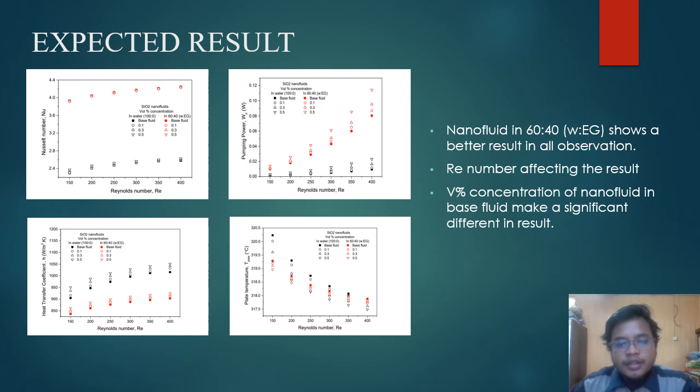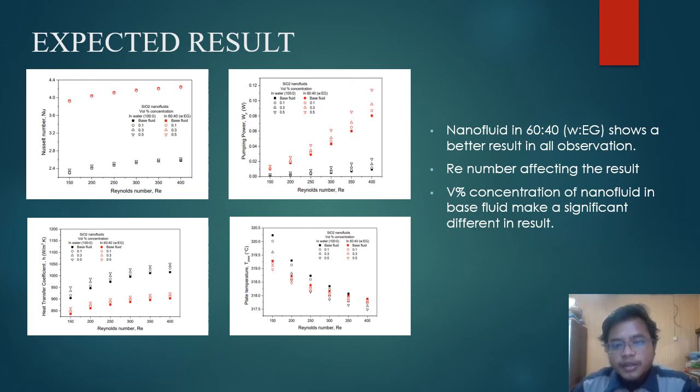For the expected result, based on the previous study, there is a picture of the table with various results. First of all is the Nusselt number against the Reynolds number, the pumping power against the Reynolds number, the heat transfer coefficient, and also the plate temperature against Reynolds number.